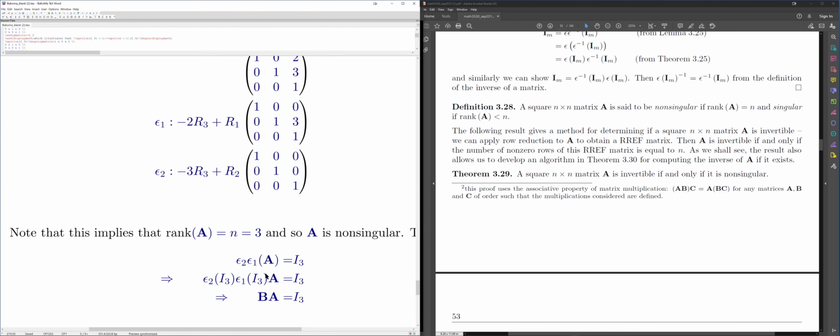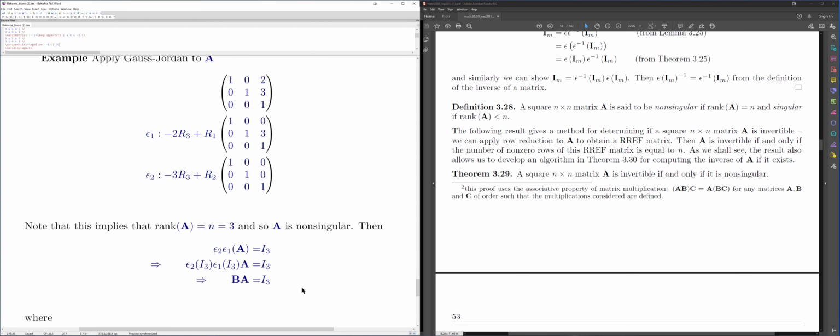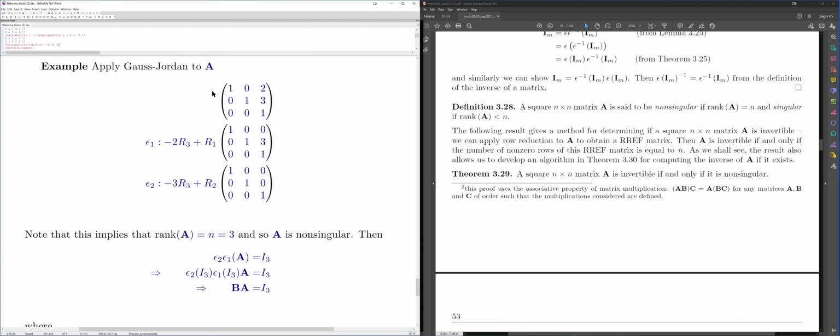Now that we know it's non-singular, and we actually showed that it was non-singular by using Gauss-Jordan: if I have a non-singular square matrix and I apply Gauss-Jordan to it, I will always get an identity matrix in the end.